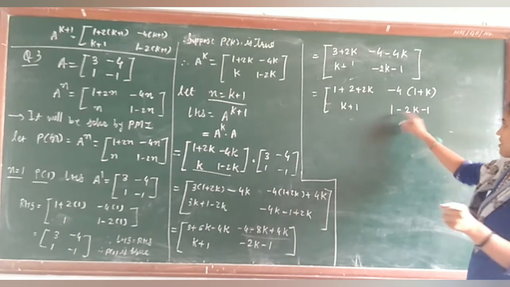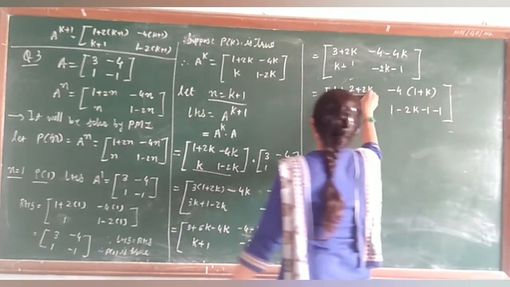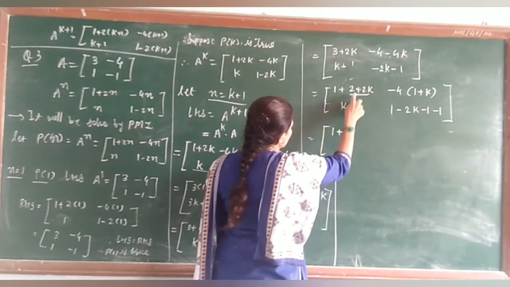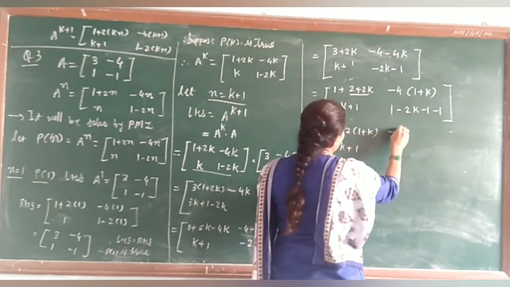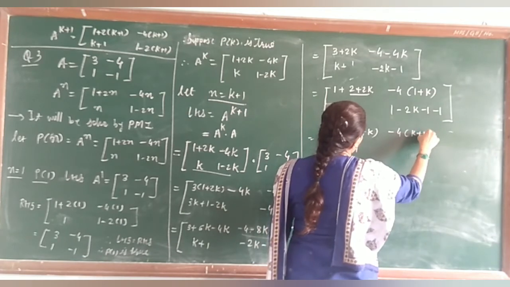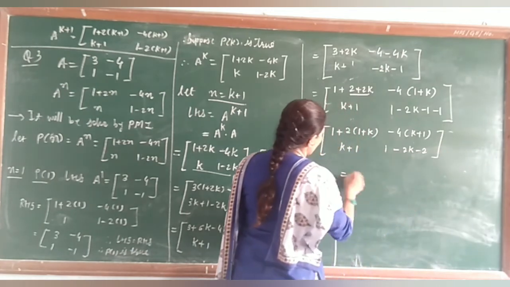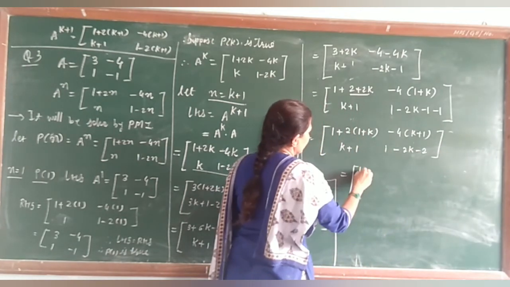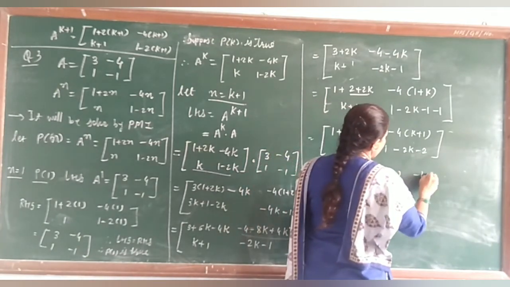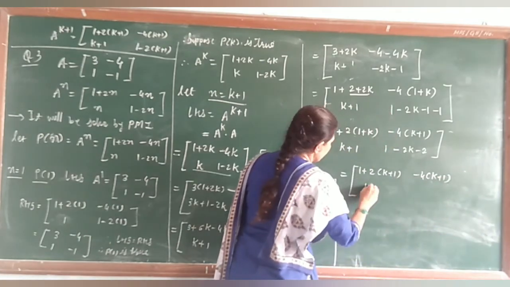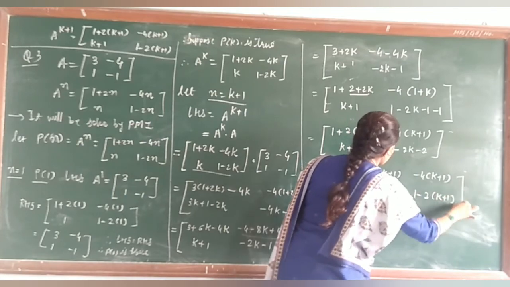The 1 I have written extra, that 1 I will subtract from here, right? Okay, so now from these two steps, 1 plus 2 is common, so 1 plus k is there. Here k plus 1 minus 4 (k plus 1) and here 1 minus 2k minus 2. Okay, so now 1 plus 2 (1 plus k) we write as 2(k plus 1) minus 4(k plus 1). Here k plus 1 minus 2 is common, so k plus 1.